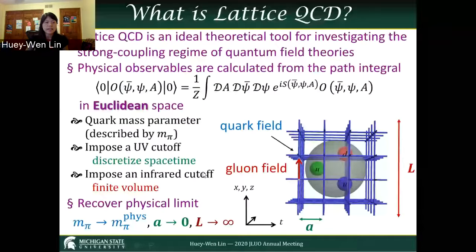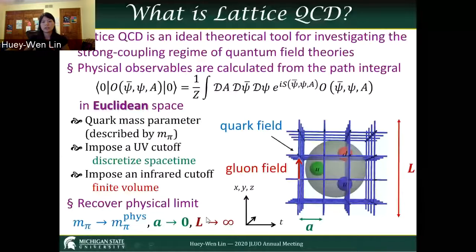At the end of the day, once we have done all this, if our quark mass does not directly give the physical pion mass, we have to do multiple calculations and extrapolate to the physical pion mass. Then there is the resolution: you have to either be sure that the physics is not affected by your choice of resolution, or do multiple lattice resolutions and extrapolate to zero to do the best job you can.